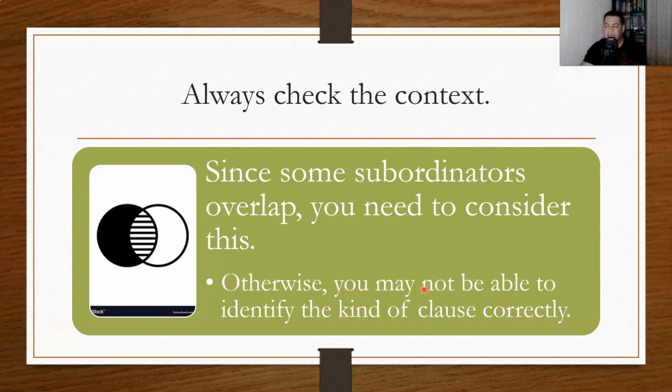If you don't pay attention to the context, you may simply say, it's an adverb clause that starts with as, so it's an adverb clause of time. No, I've told you, we don't go automatic here. We are not driving an automatic car. We are working with a manual car, right? It's a manual and you need to get the gears, just paying attention to what you are doing.